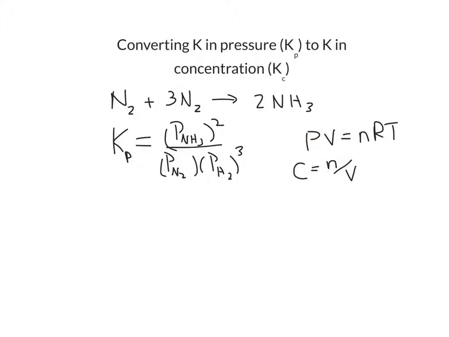And so n over V will be equal to P over RT. So the relationship between concentration and pressure is that RT times the concentration is equal to the pressure.